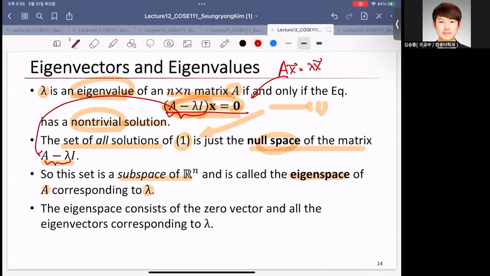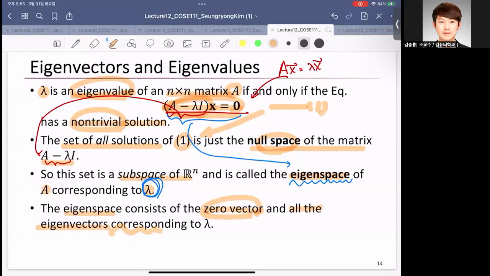The solution set of this equation is called the eigenspace corresponding to lambda, for an arbitrary lambda. In other words, the eigenspace consists of the zero vector, because this is the null space and so a subspace, and all the eigenvectors corresponding to lambda.